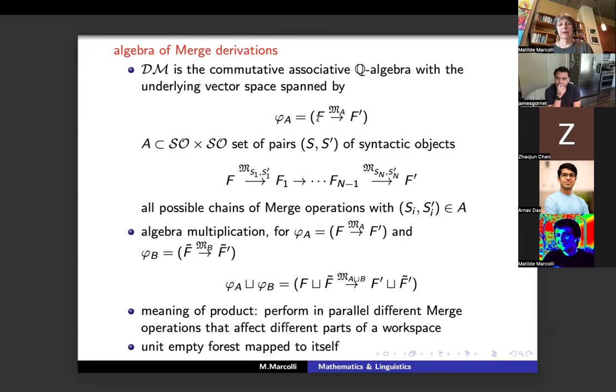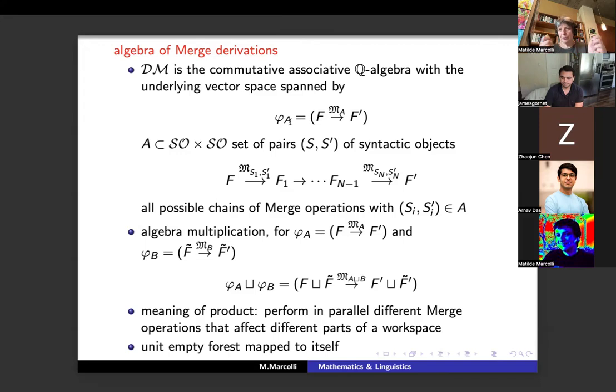What I mean by this is I pick two forests, two workspaces, and a given set of possible pairs of syntactic objects. And then I look at whether there is a possible chain of derivation that uses these syntactic objects to form your merge operations that will go from one of these workspaces to the other. If there is such a chain, this is one of these objects.